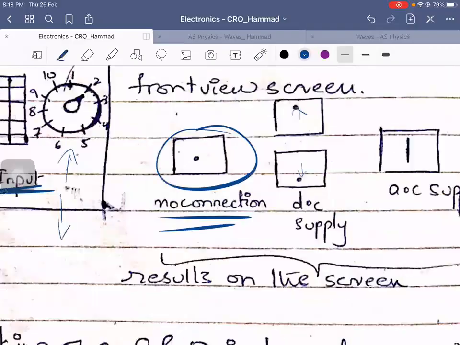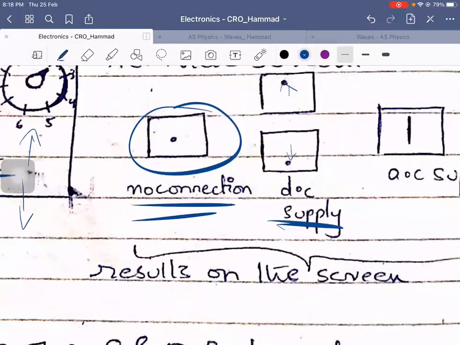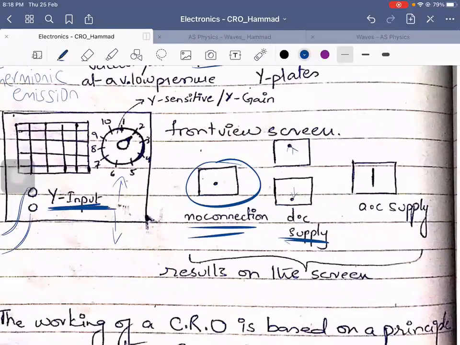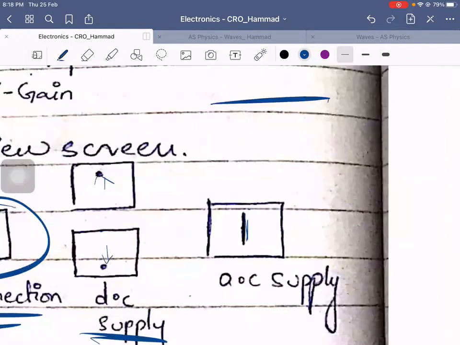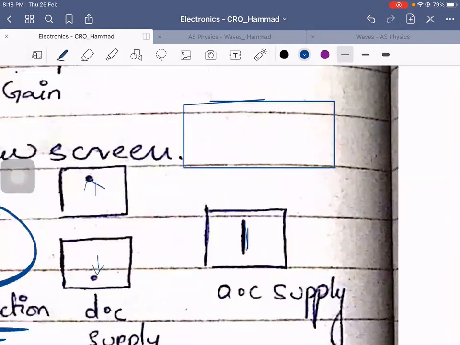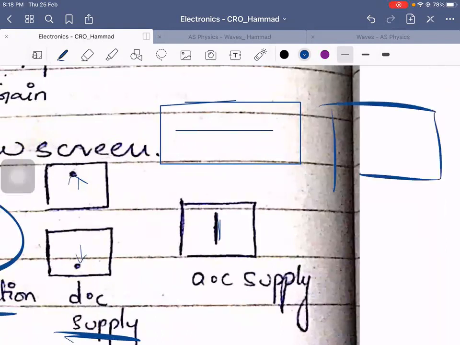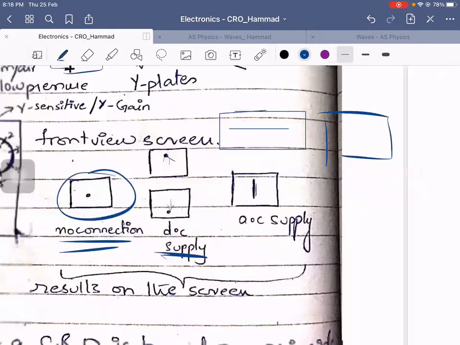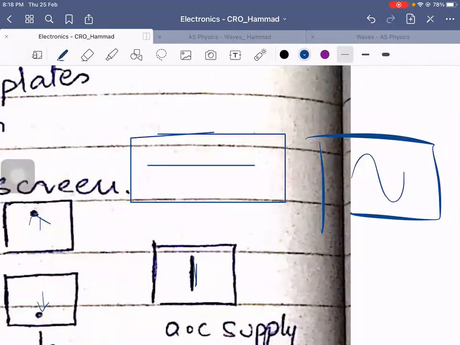This was the case with a DC supply, right? A dot appears in case of a DC supply, and if the Y input is connected to an AC supply, you will see a vertical line, right? The reason behind all of this is that a DC supply is a straight line, whereas an AC supply is somewhat like this.